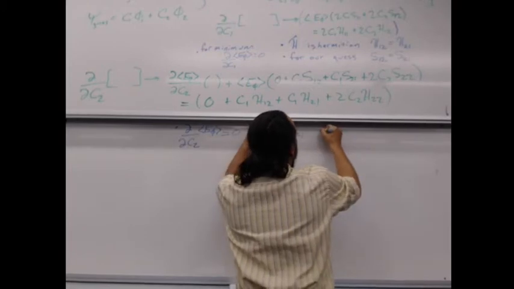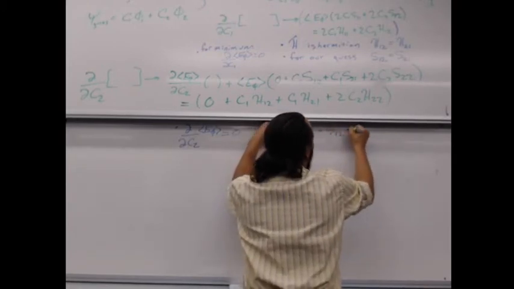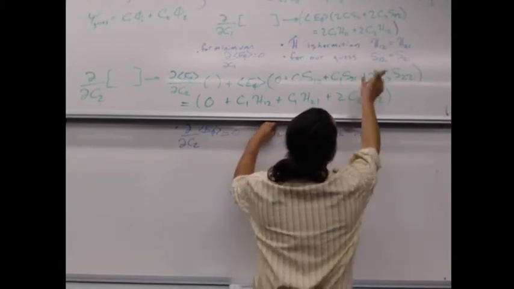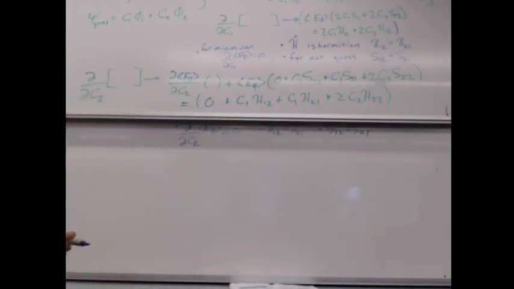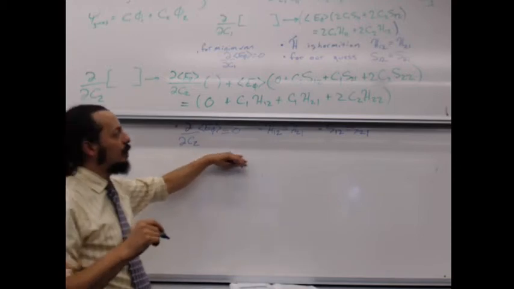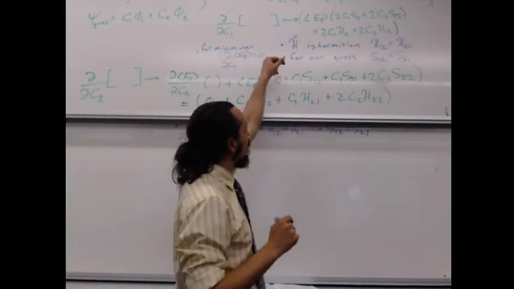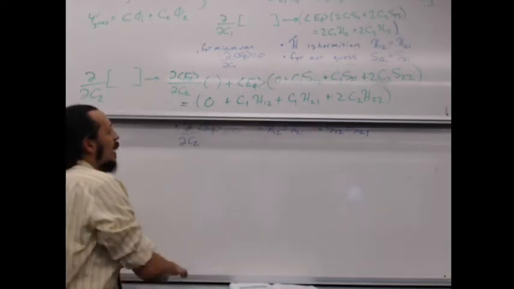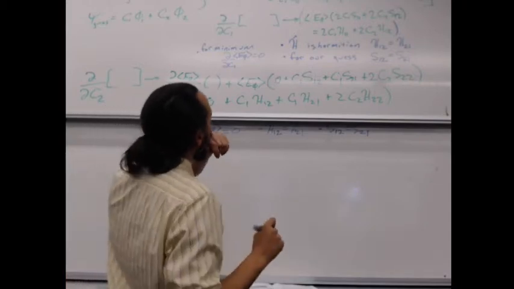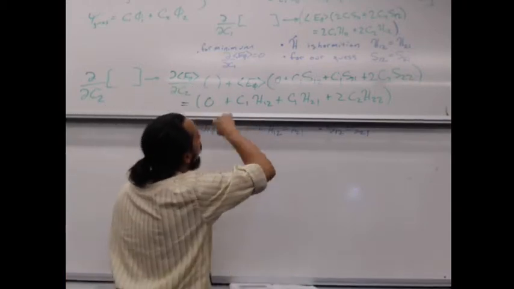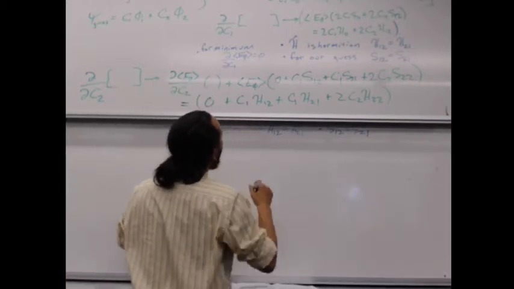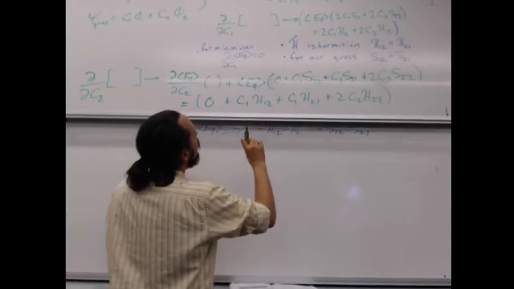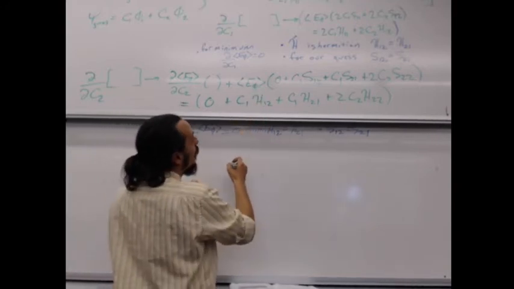And I can also say my S12 is equal to my S21, again, because of the functions we're using. And we can do this more generically without putting any restrictions. So we're using these two restrictions to simplify things. And when we do that, we're going to get essentially two equations with two unknowns.